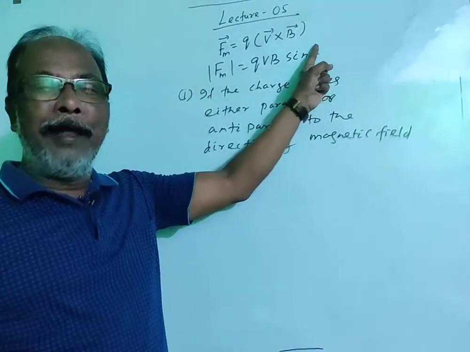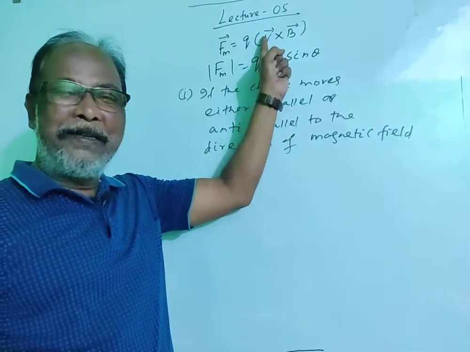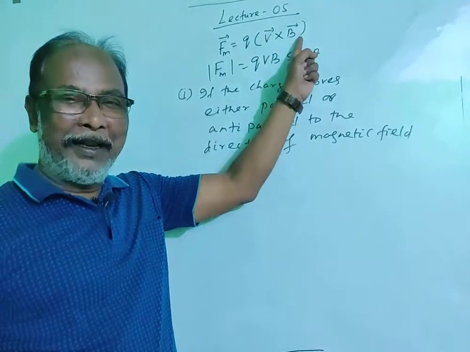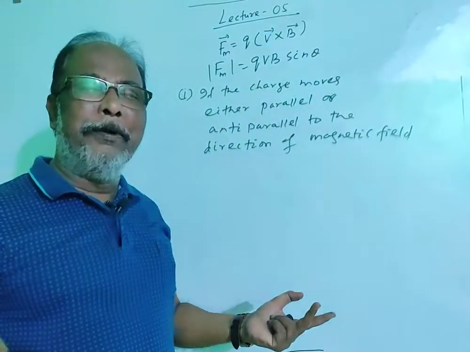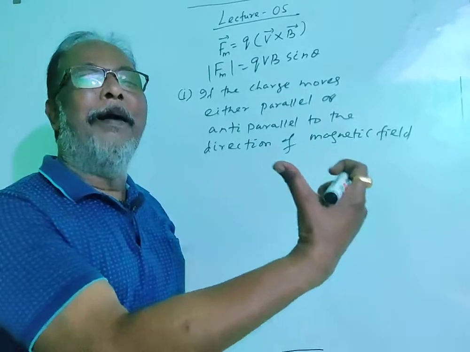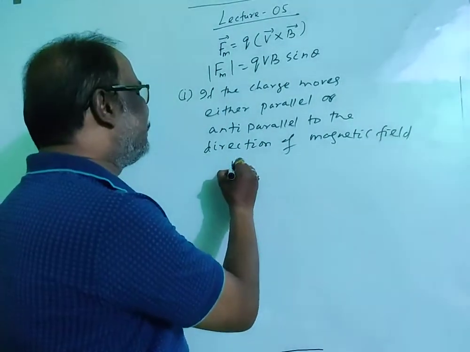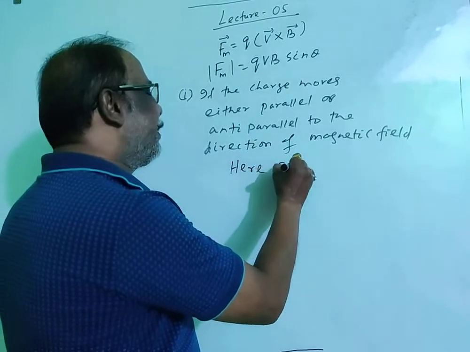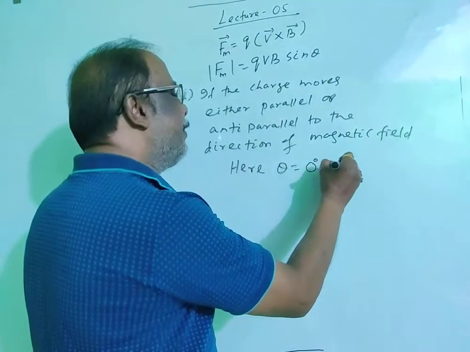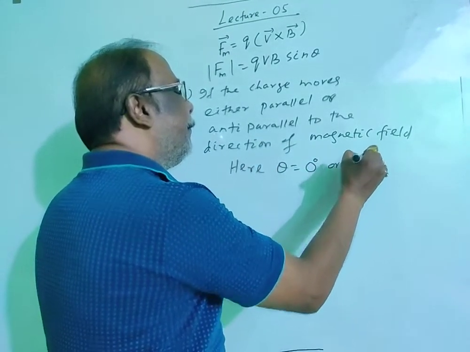Theta is the angle between velocity of charged particle and magnetic field. If the charged particle moves either parallel or anti-parallel to the direction of magnetic field, the value of theta is either 0 degree or 180 degree.